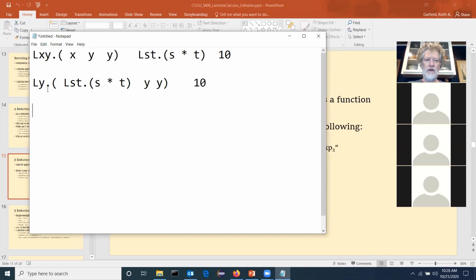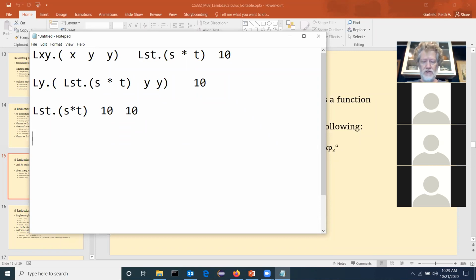I can do it again now, right? I've got this function of y applied to 10. And so I can do another beta reduction. And then I get rid of the λy dot, which leaves me with, and then I can do it again. I've got a function of s, which is embedded in a function of t.